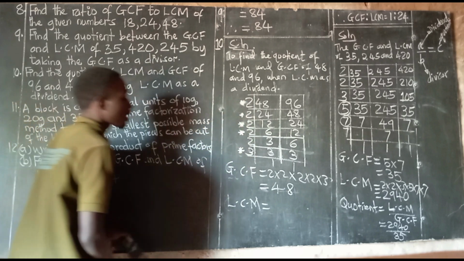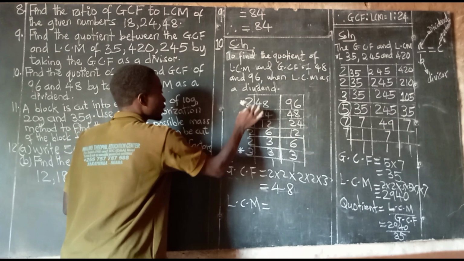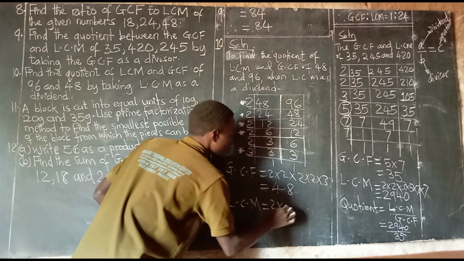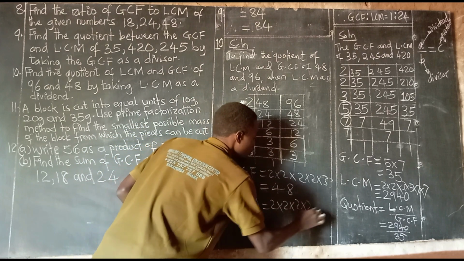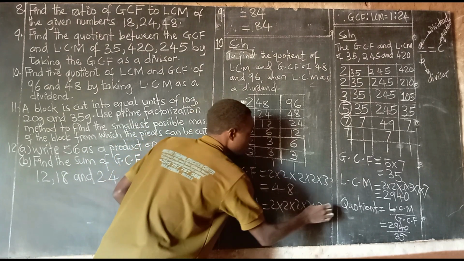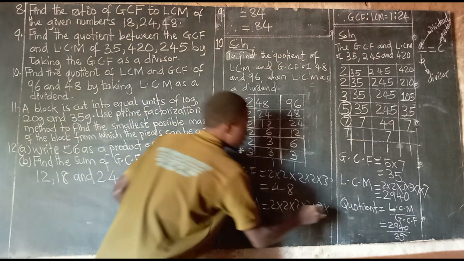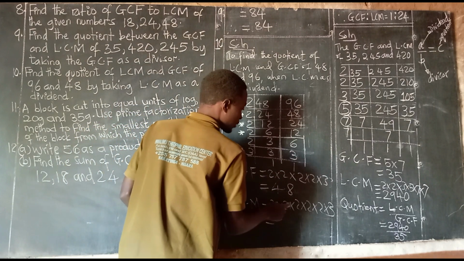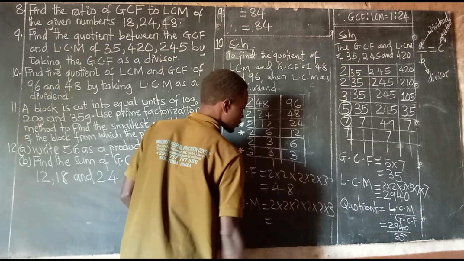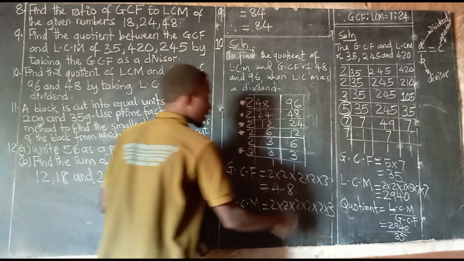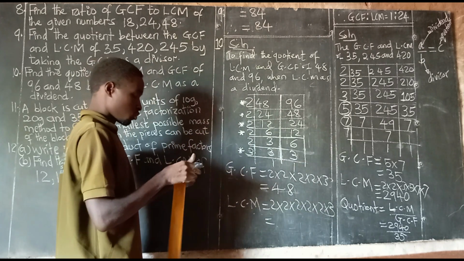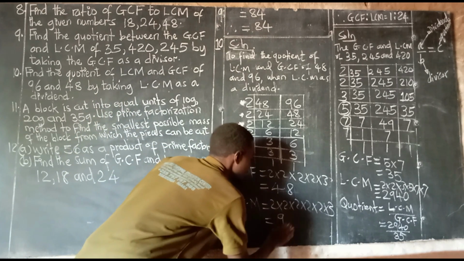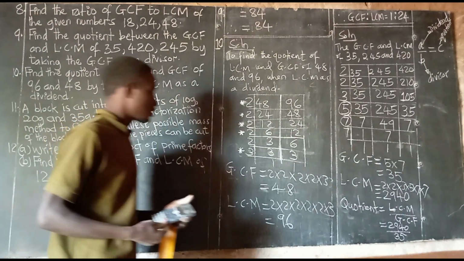So the LCM will be 2 times 2 times 2 times 2 times 2, which is 2 to the power 5, times 3 times 3. Now it will be 2 to the power 5, which is 32. 32 times 3, you get 96. So 96 is our LCM.